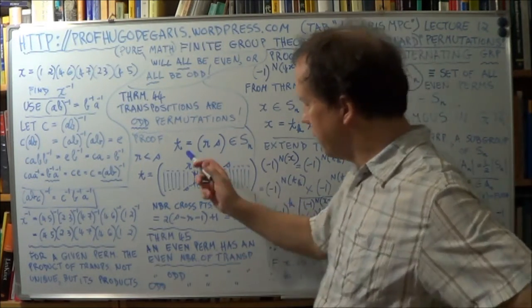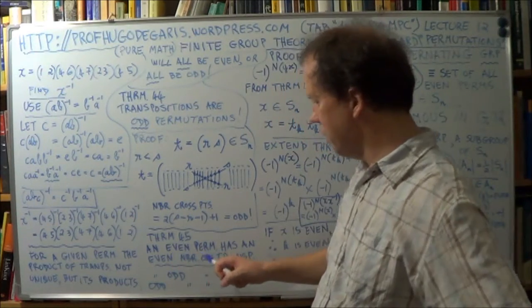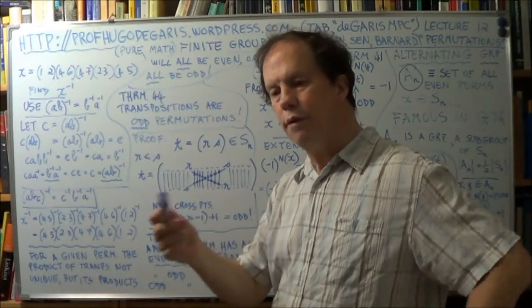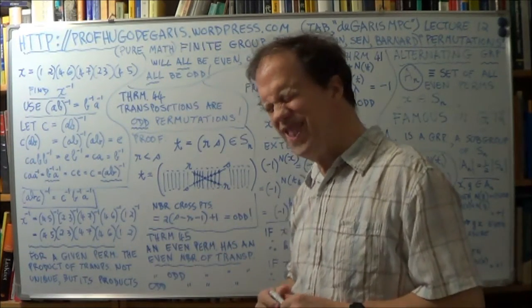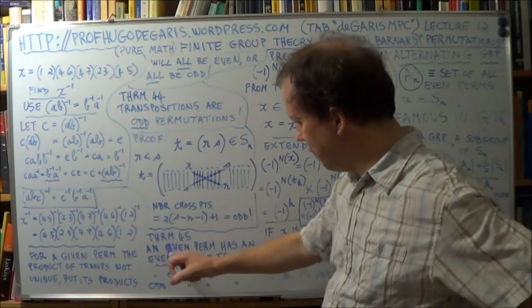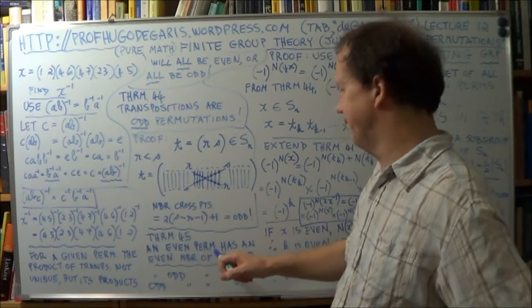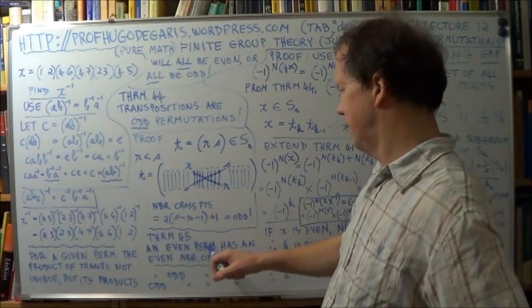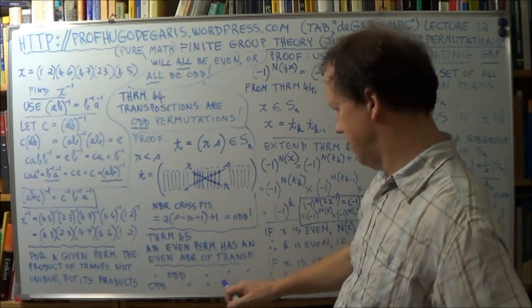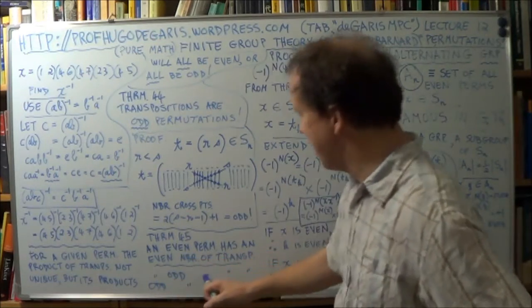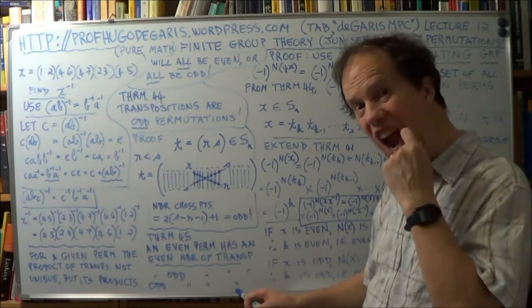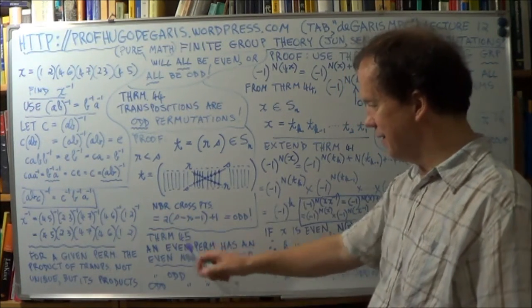If a permutation is even, the number of transpositions it has will also be even. And if the permutation is odd, it has an odd number of transpositions. That's the theorem statement.